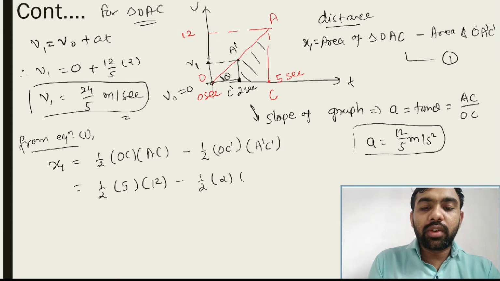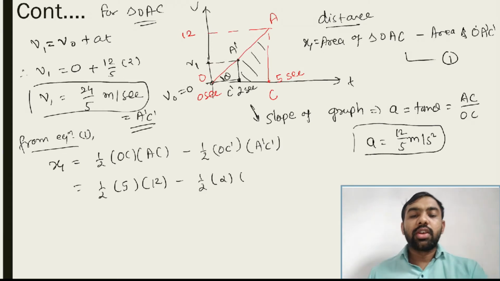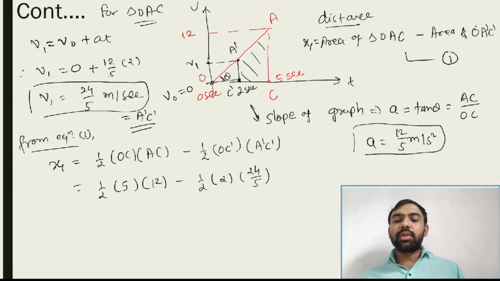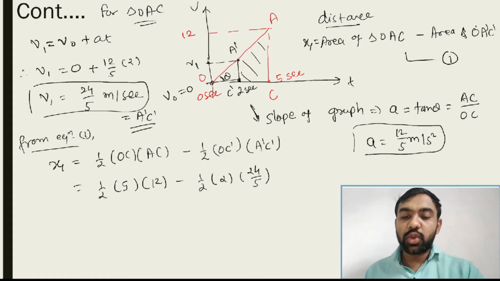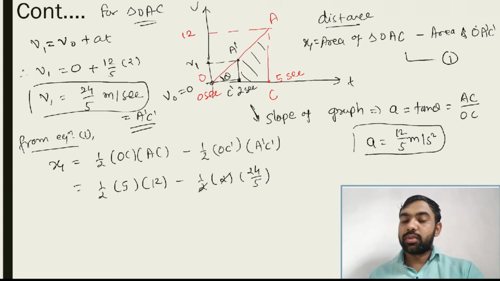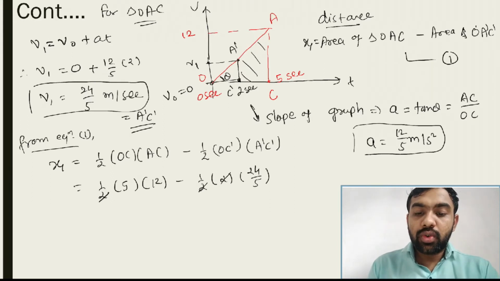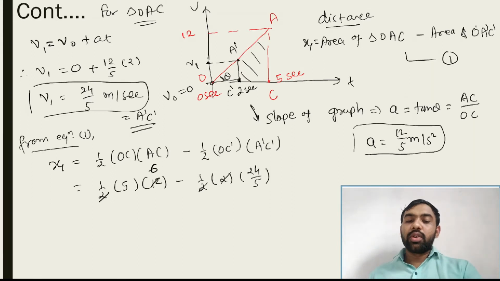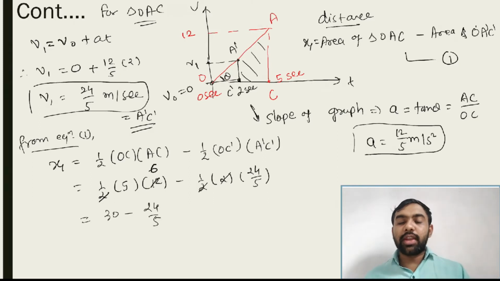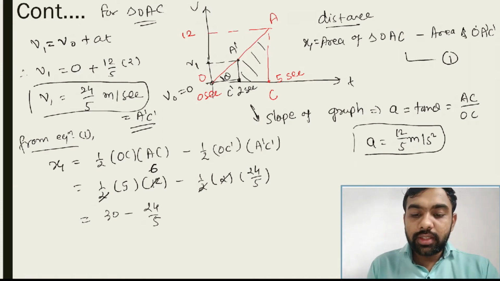So this is equal to A dash C dash. So put this 24 upon 5. So we just get this one. Simplify this relation and you get the answer. So 2 and 2 cancel out. Here 2 and 6 are left. So 6 into 5, 30, minus 24 upon 5. If anything is common, take it out.